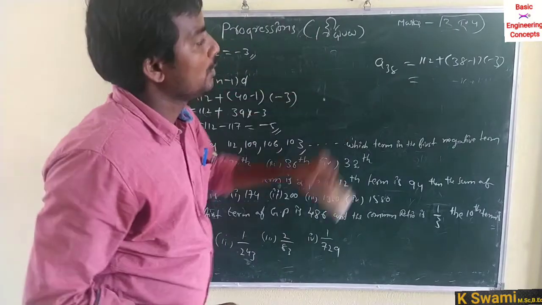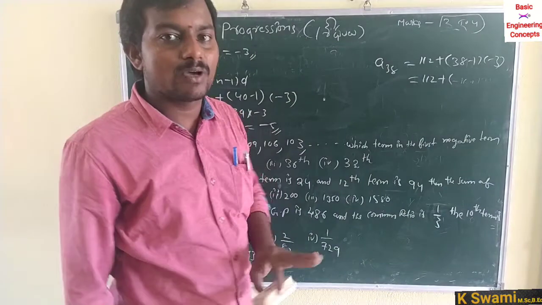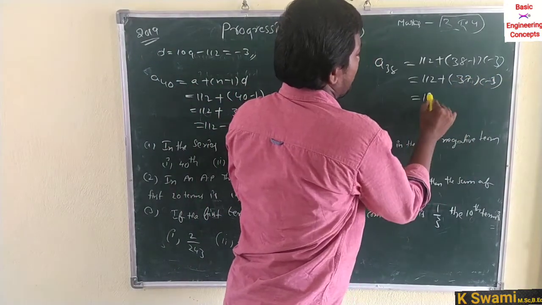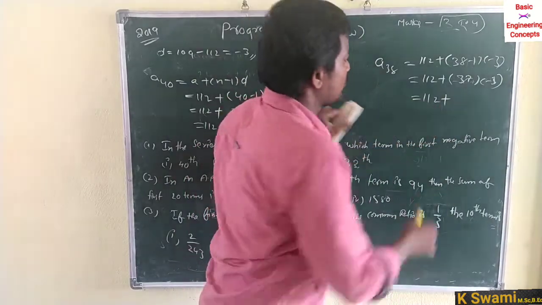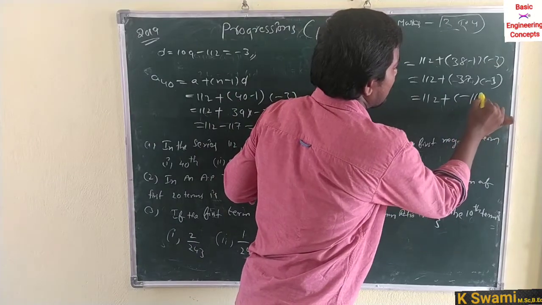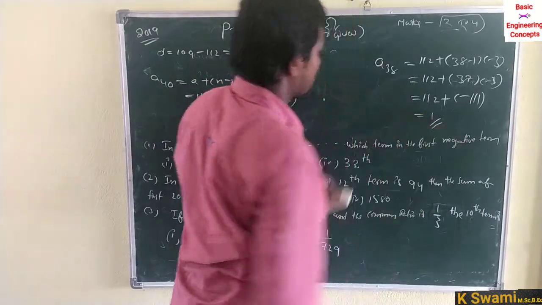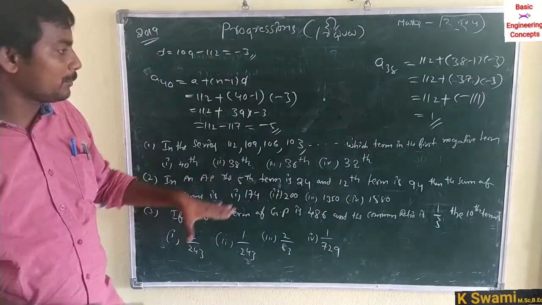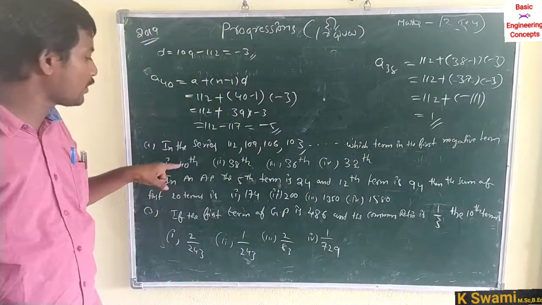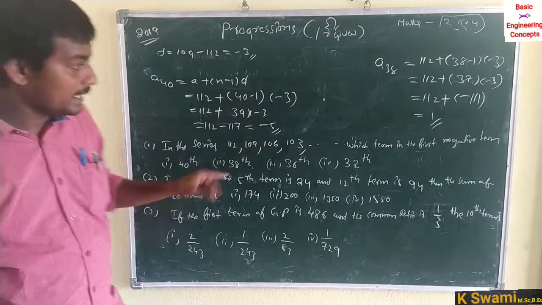That is equal to 112 plus 37 into -3, so 112 minus 111 is equal to +1. So the 38th number is +1. So it is positive. The first negative number is the 39th term in this series.